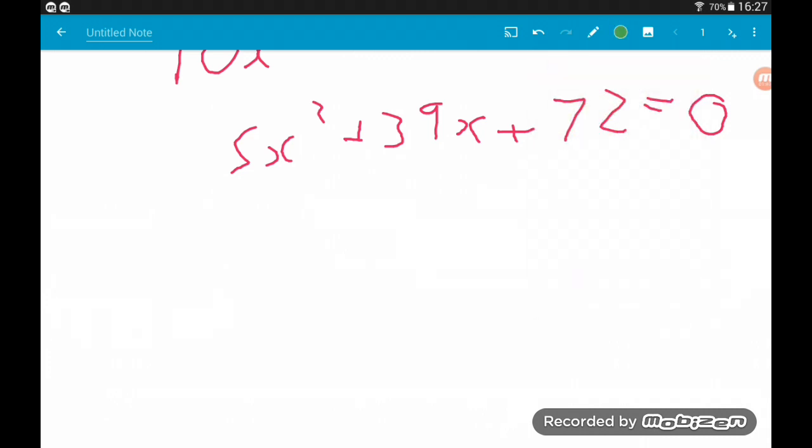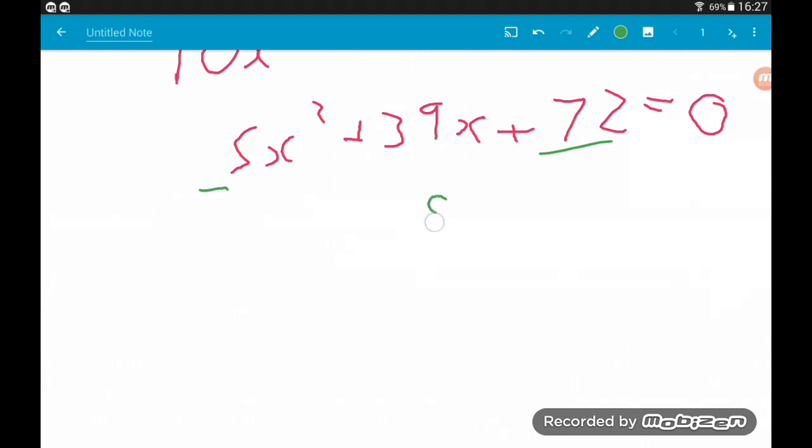Now this method always works as long as the quadratic is factorisable. If you've never seen it before, search out my video called Factorising Harder Quadratics. So the first thing we do, we multiply the coefficient of the x squared term by the number at the end.